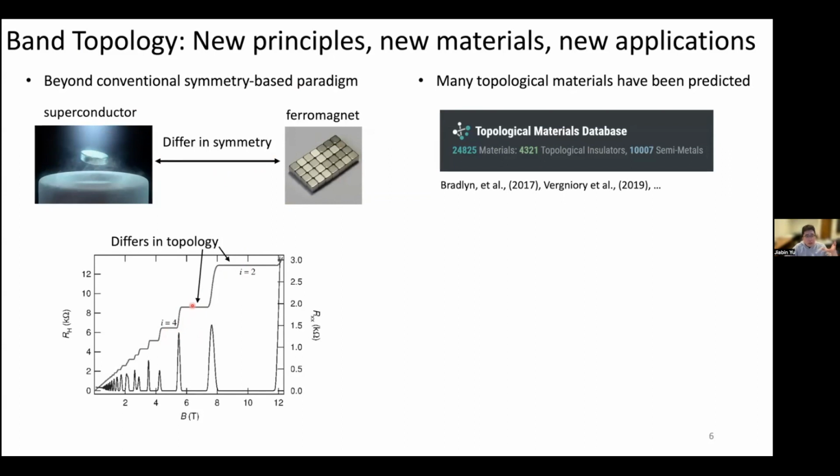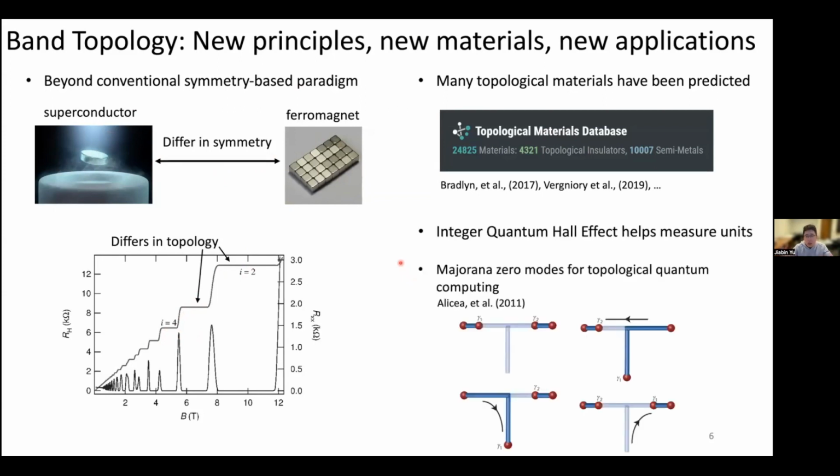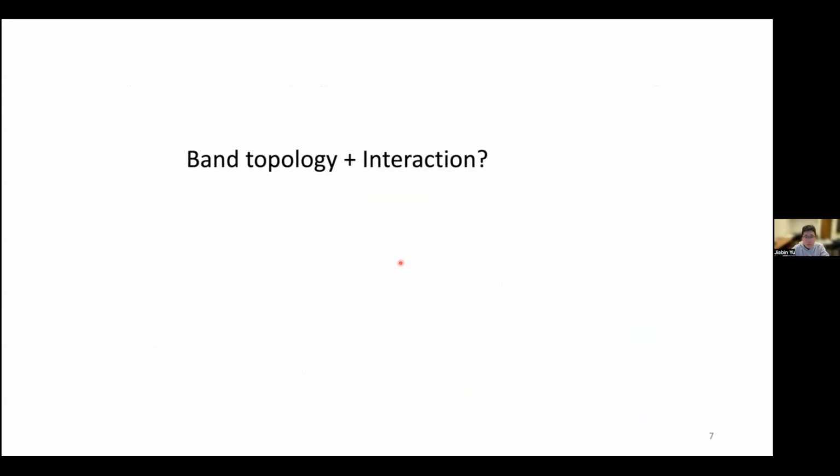And people have used this principle to predict thousands of topological materials. On the application side, the integer quantum Hall effect can help measure fundamental units like the kilogram, thanks to its precise quantization. And in theory, non-trivial band topology can allow setups that hold Majorana zero modes, which can be used for topological quantum computing. So this is a brief review of band topology at the single-particle level.